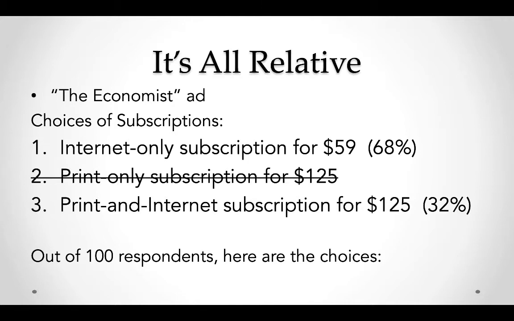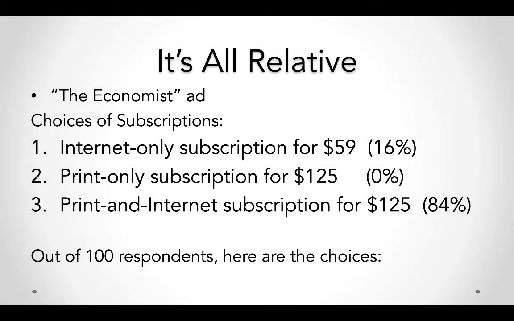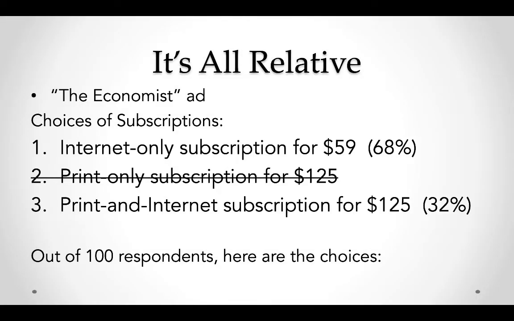Option number 1, internet only for $59, is now the majority, and the print and internet subscription for $125 is now in the minority. So again, when choice number 2 was present, although nobody bought it, it moved people into buying choice number 3. When it was removed, it switched.